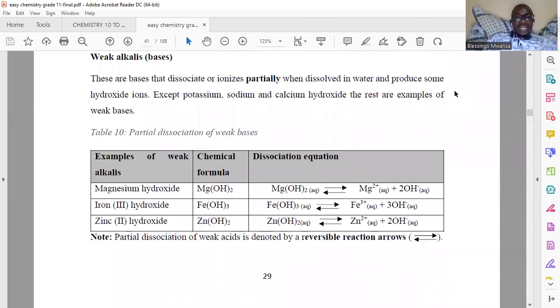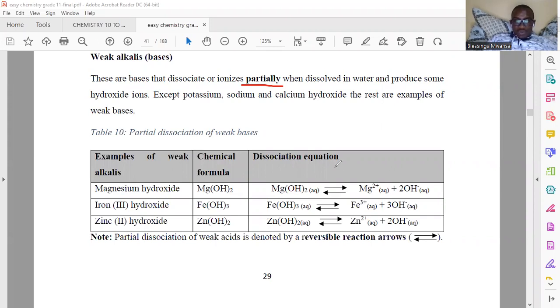A weak alkali is an alkali that dissociates partially. So the key word there is partially, partial dissociation. Similar to the dissociation of a weak acid.